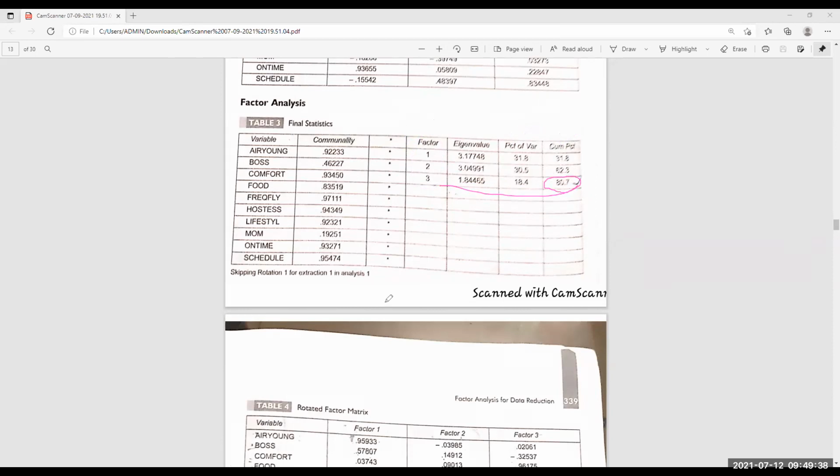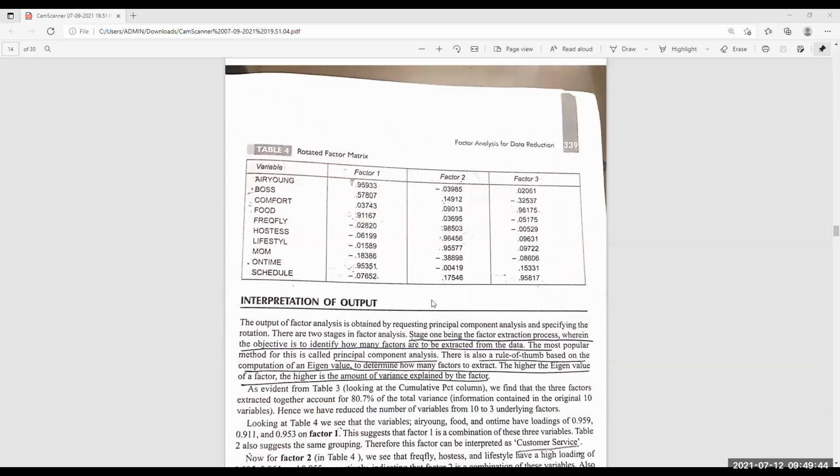So 3 factors can be used to explain the study, the perception and attributes of the people. Now, once you call for the rotated factor matrix, kindly keep in mind that the rotated factor matrix has to be interpreted.